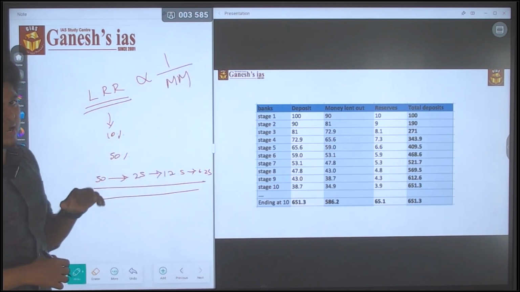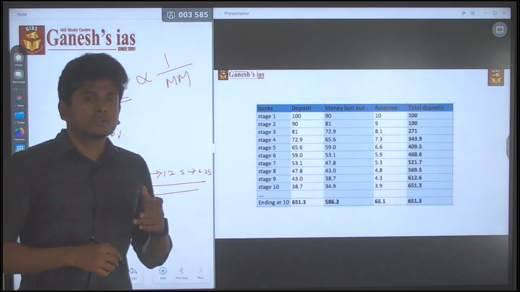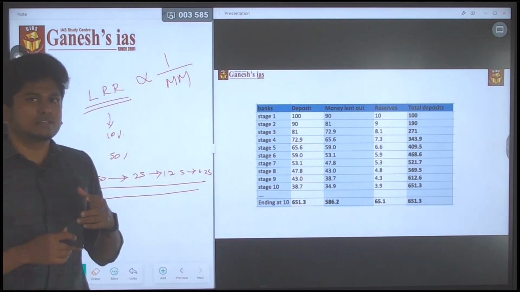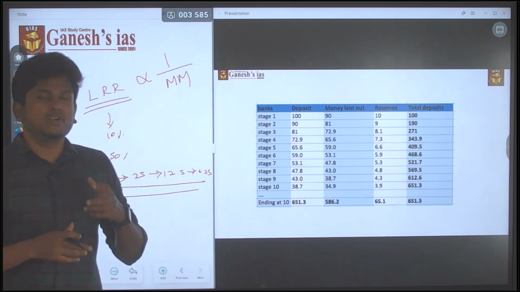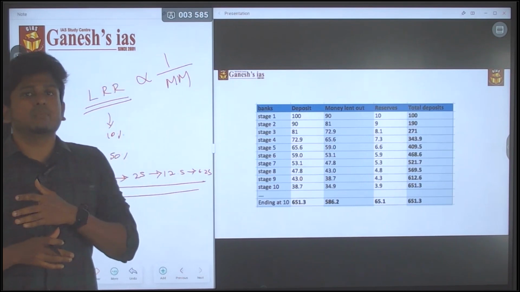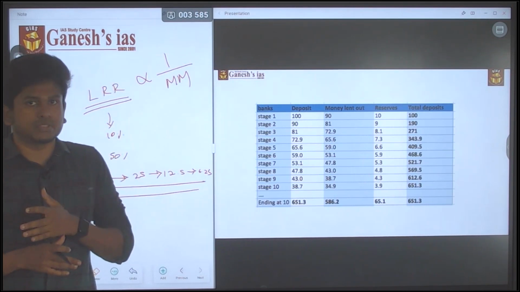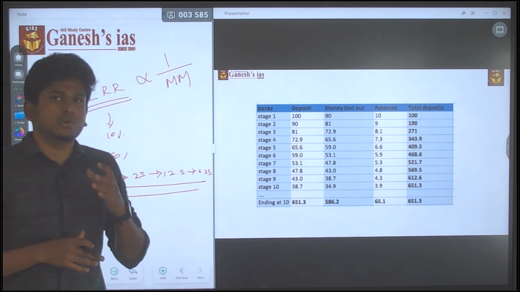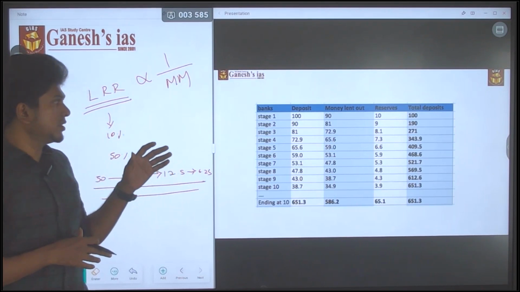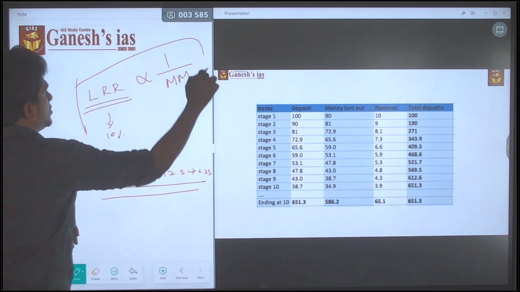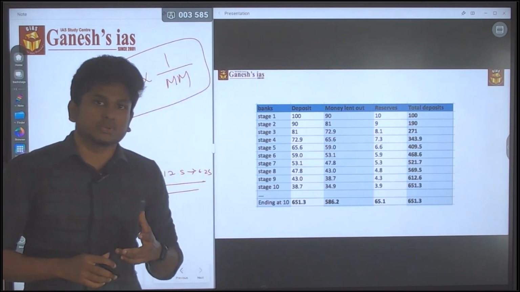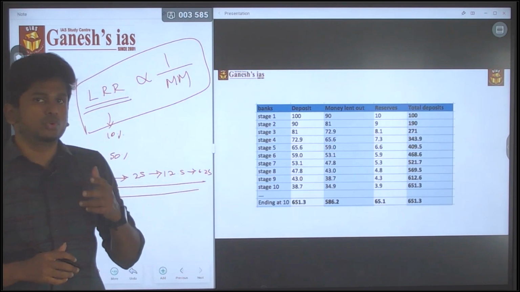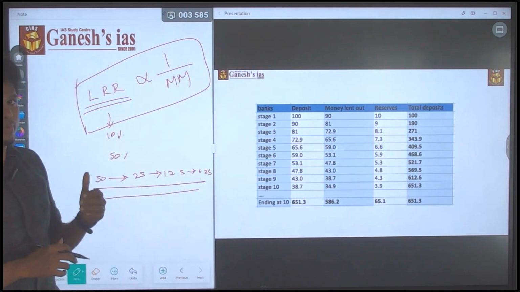This is another thing you have to know. If the legal reserve ratio, or the combination of CRR and SLR, is increased, that will lead to a reduction in the money multiplication process. That is yet another thing you have to know. This is not related to this question, but there may be a question related to that also, so try to memorize that.